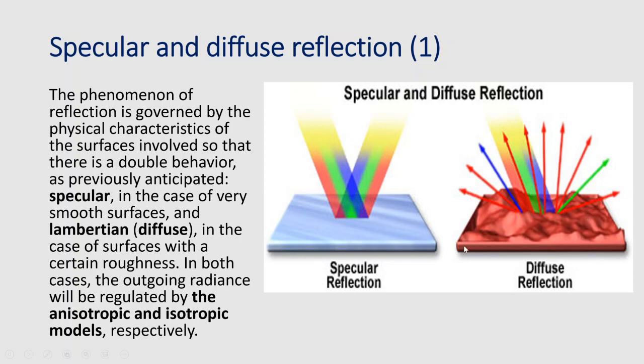So this is an anisotropic model, compared to the specular reflection in one single direction. Here the reflection happens in all the upper hemisphere of the surface, considering again that these two surfaces are opaque, so they are not transmitting any energy.